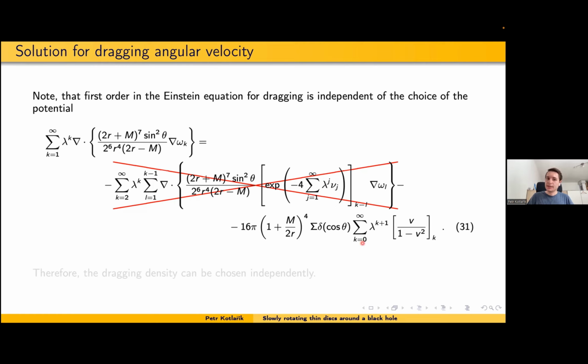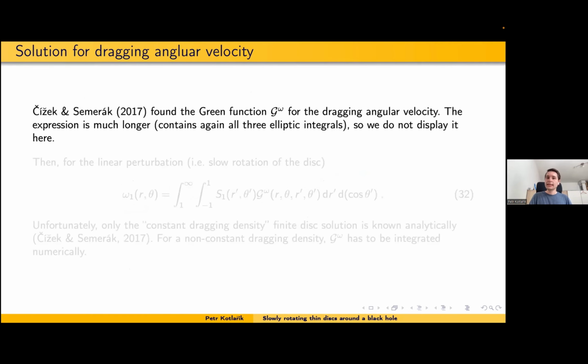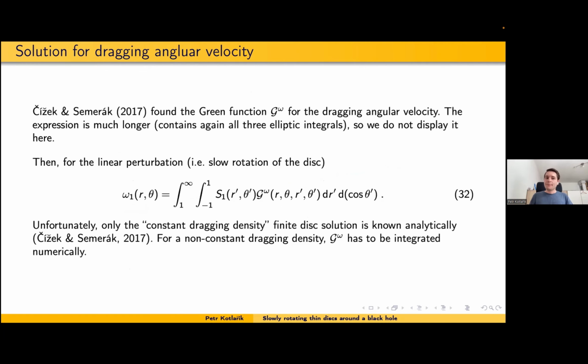It's only here. So the dragging can be chosen independently of the potential of the disk, if we assume that the rotation is slow.